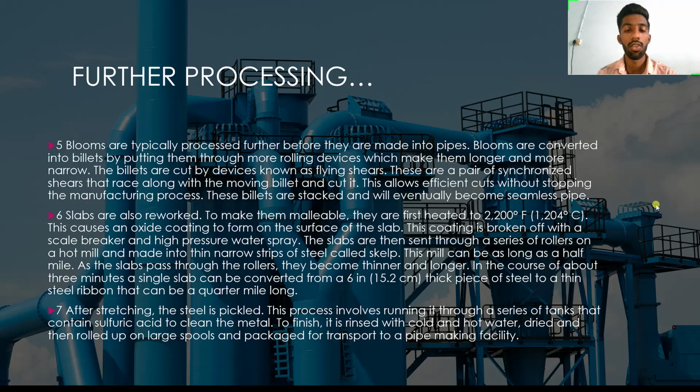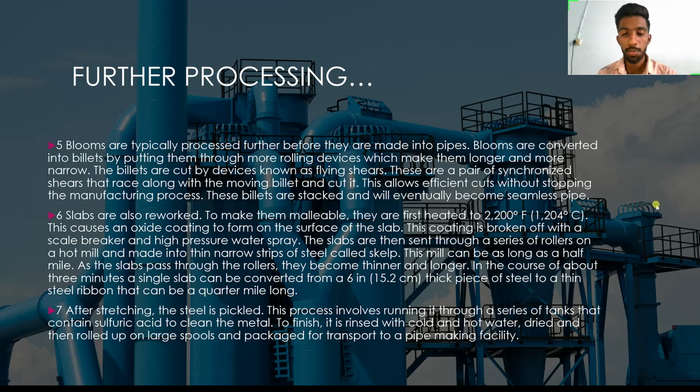In about 3 minutes, a single slab can be converted from a 6 inch, 15.2 centimeter thick piece of steel to a thin ribbon that can be a quarter mile long.